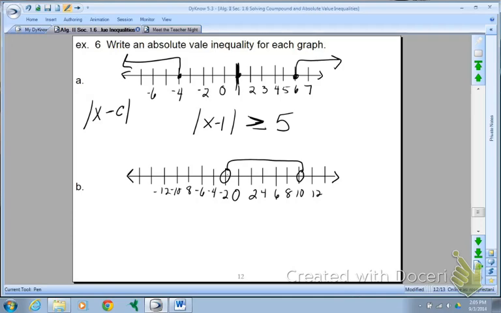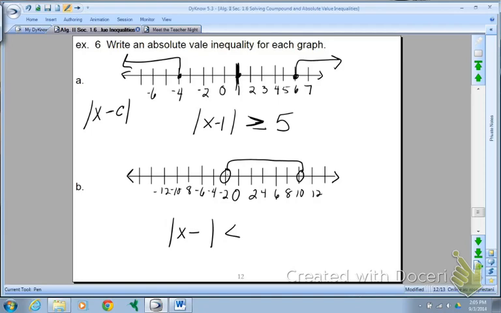Okay, let's look at example B. This is a combined inequality that comes in together. What word goes with this? And. What symbol? Less than. Now, is it going to be a less than or equal to or less than? It's an open circle, so I know right away it's going to look like that. So it's always x minus the center. So we've got to figure out the center.